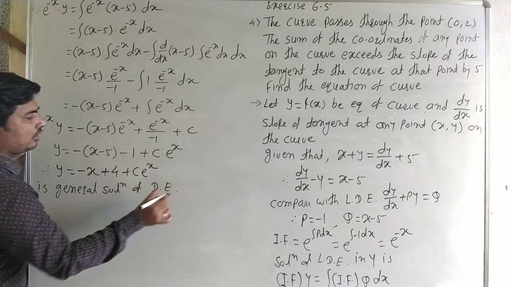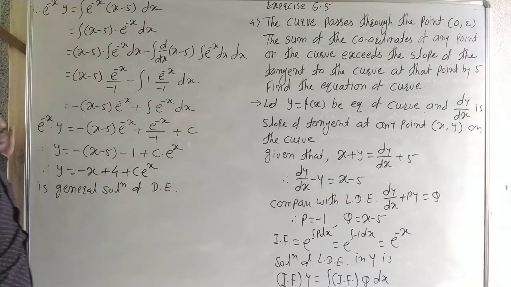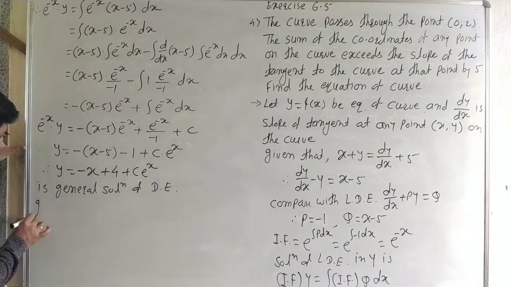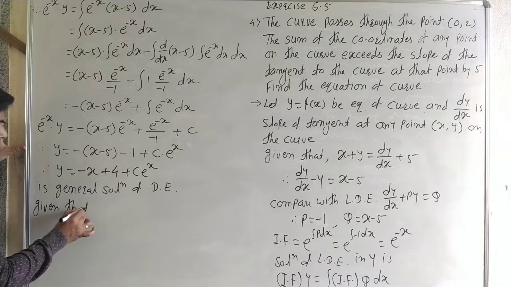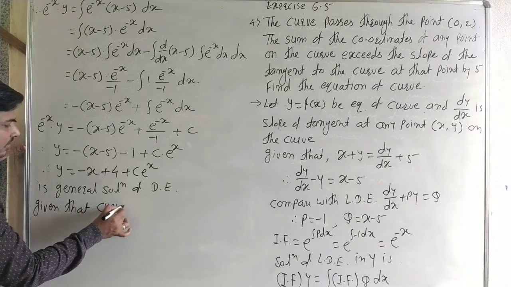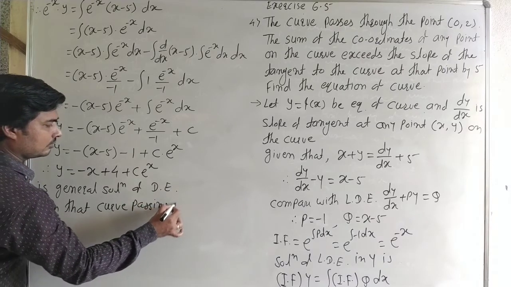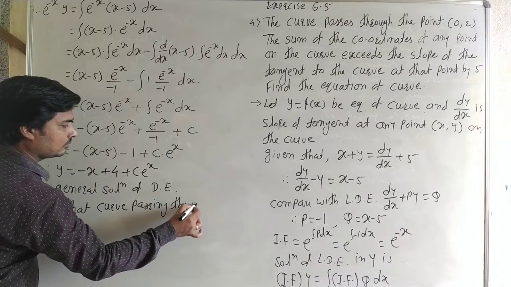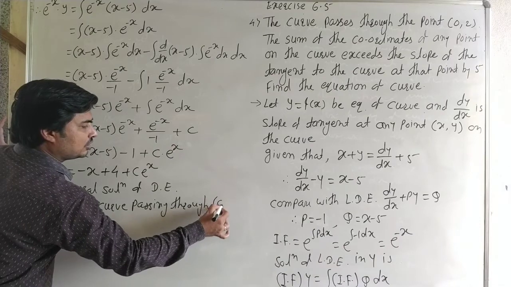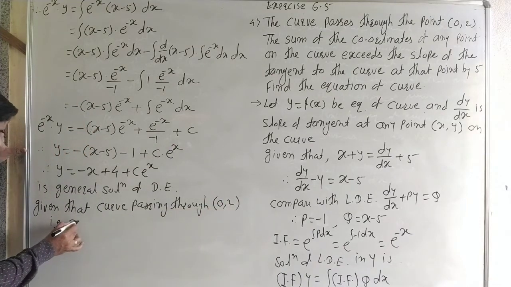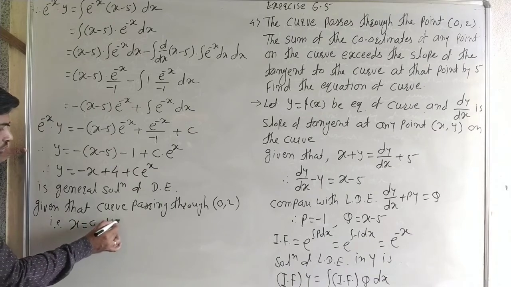But here our curve is passing through the point (0, 2). Here it is given that the curve passes through (0, 2), that is x = 0 and y = 2.